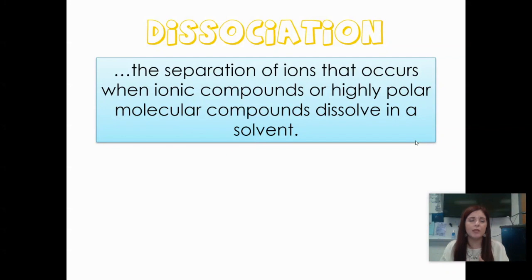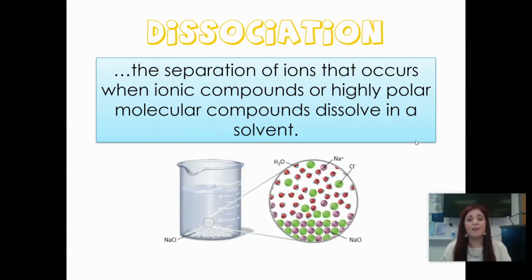We are only really going to see this with ionic substances, which of course, as we know, are between metals and nonmetals. So if I have salt, salt is an ionic compound. Salt totally dissociates into its ions.